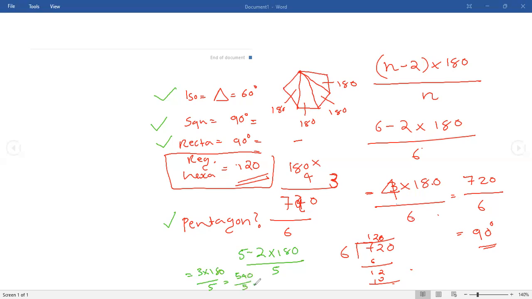What is the answer? 108. Okay. So pentagon is also not correct for that, right? Pentagon is also not correct for that.